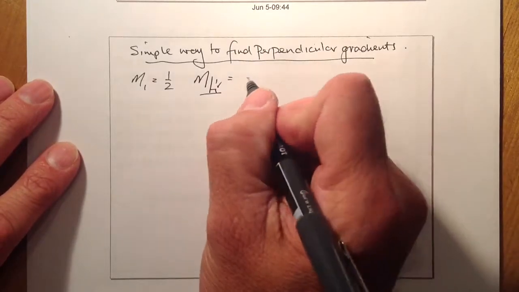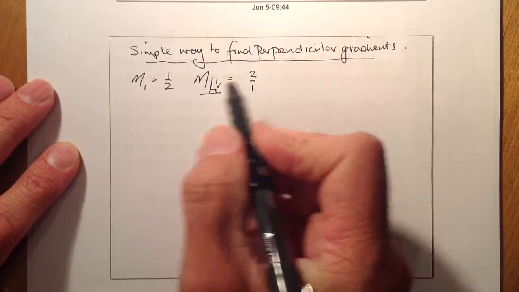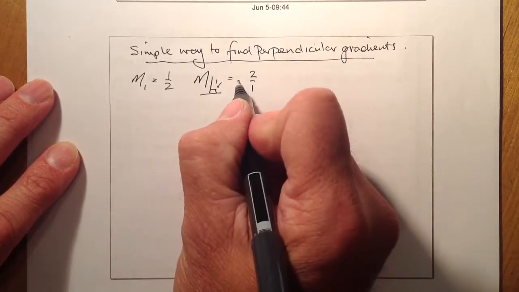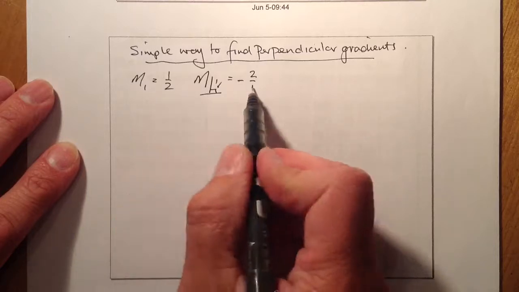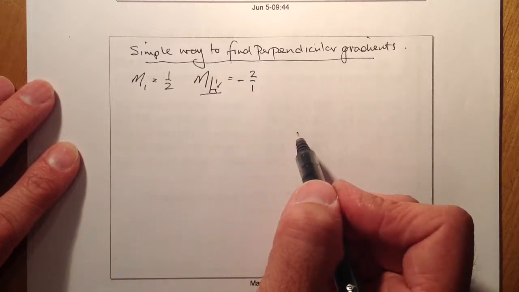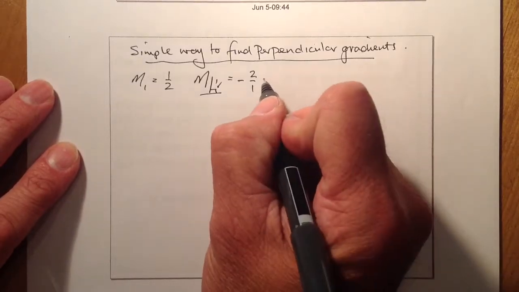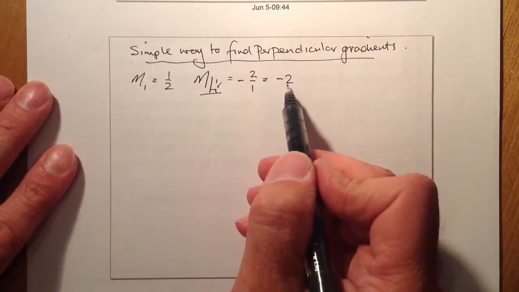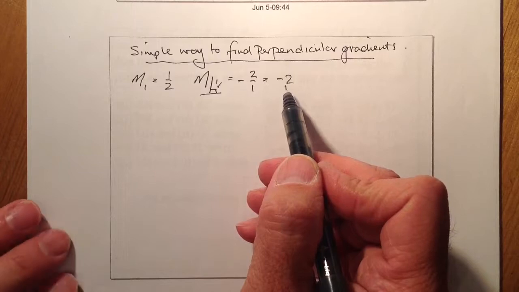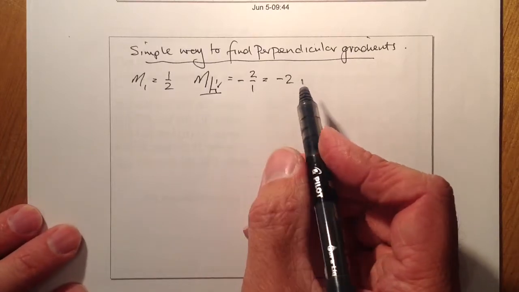So flip it over, so it's going to be 2/1, and it's a positive there, so I'm going to make it a negative there. So the two are going to be perpendicular to each other. Simplifying that out, that'll just be -2. So a gradient of 1/2 and a gradient of -2, these are going to be perpendicular.